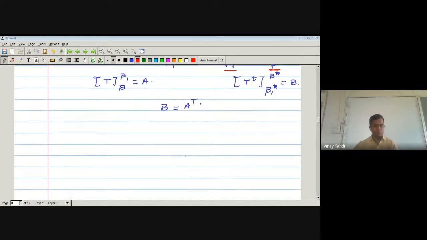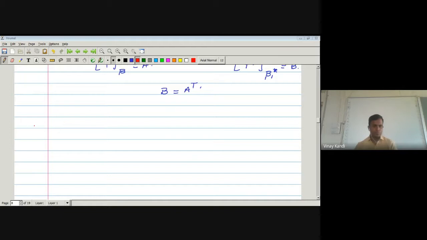Okay. Now, proof. Let dimension of V be equal to n, and dimension of W be equal to m. So how many elements are in beta? Alpha 1, alpha 2, up to alpha n. किती elements येतील? n.